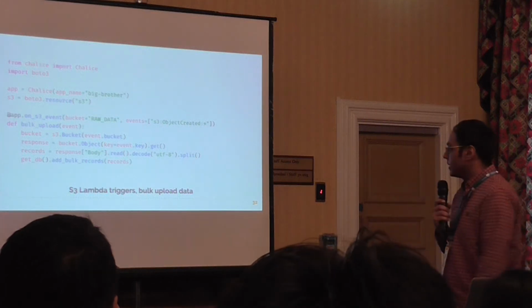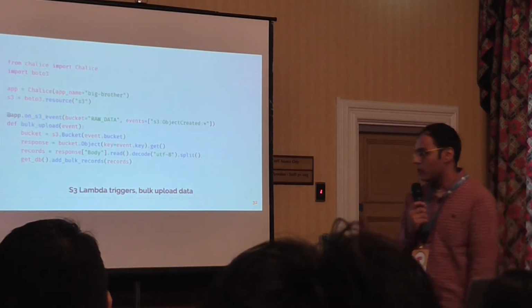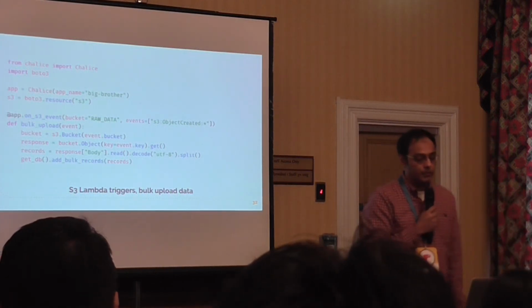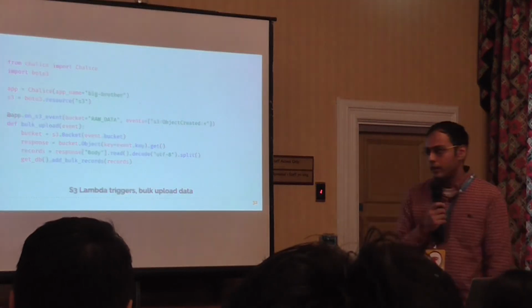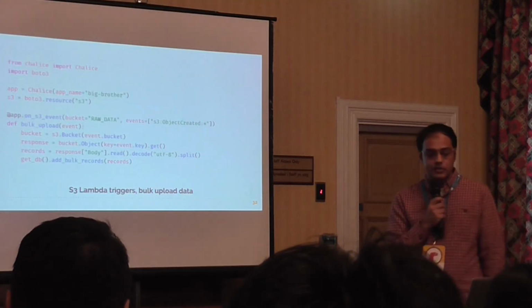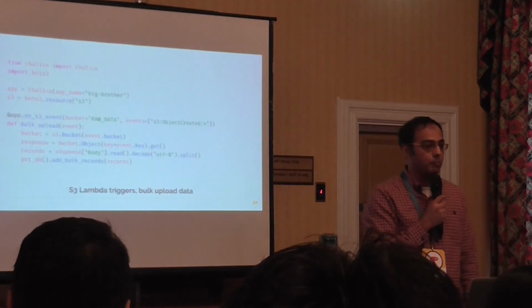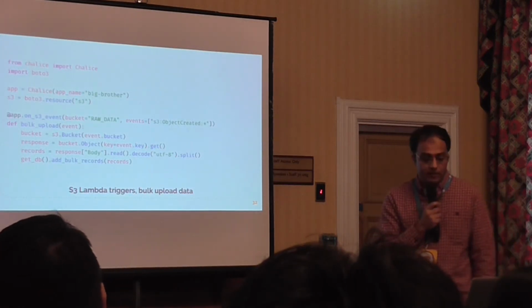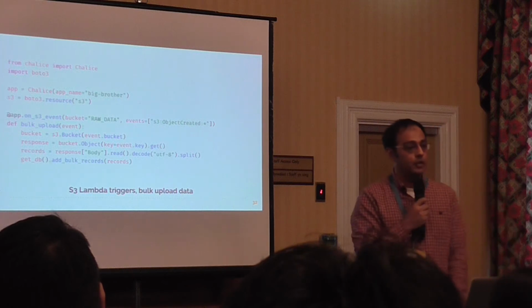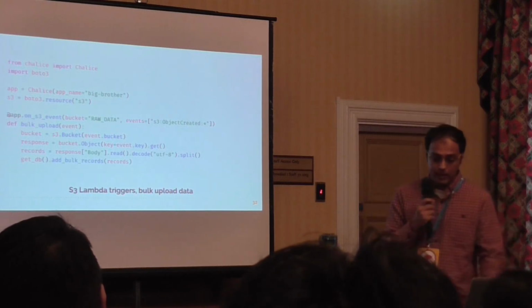So that was easy. Just to review a few other things that Chalice can do. This is an example where I'm uploading files to S3. Whenever I upload a file to S3, I'm listening on a particular bucket, an S3 bucket that I have. And I'm listening to a particular event, in this case, object created, but it could be object deleted or updated or anything else.